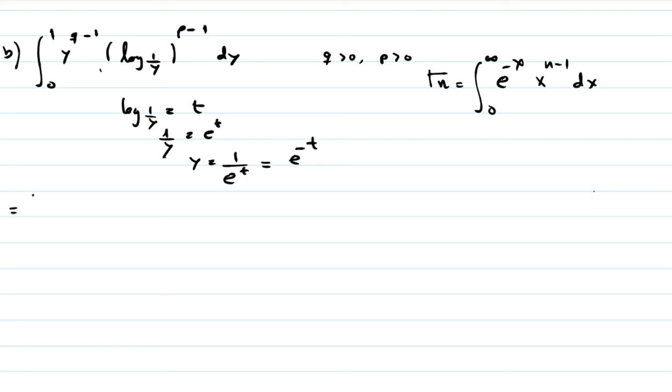Now next step is this. We have to check about our limits. If y tends to 0, what is going to be the tendency of t, and if y tends to 1, what's going to be the tendency of t as well. So for y tending to 0, we have to see what is the tendency of t, and we have to check one of these here. For example, y tending to 0, t is not going to be 0, t is going to be tending to infinity, because just take this, put it up, then divide this thing, you're going to have 1 divided by 0.